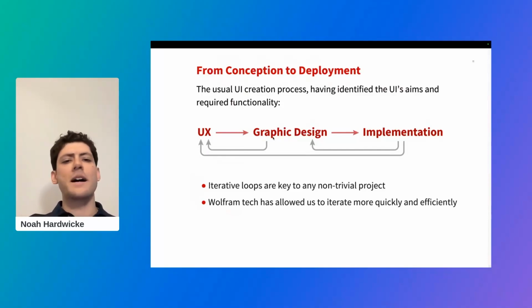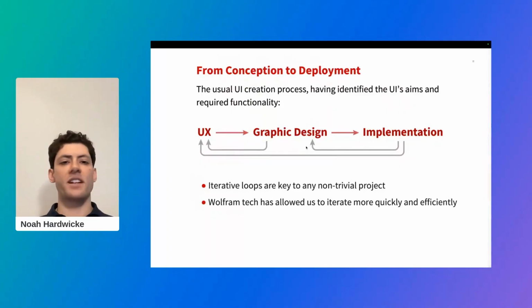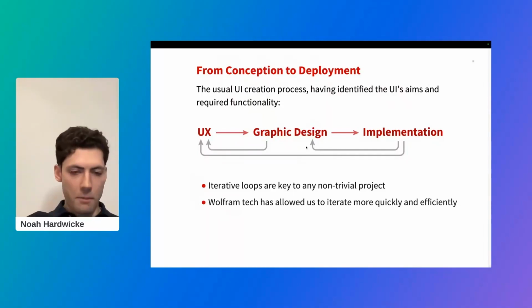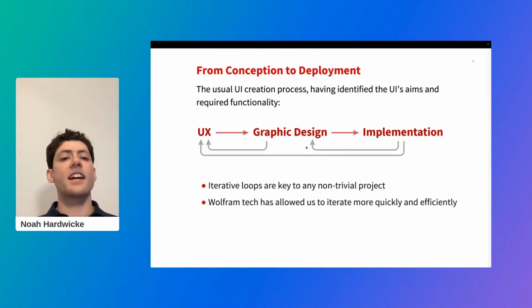And so there are these iterative loops, and especially when the thing goes to the developers, we've planned for it to work in a certain way, but then we're faced with the reality of certain implementation restrictions or difficulties, and so the whole process is formed of these iterative loops of one team going back to a different one. And what we found is that our tech has really helped speed up those iterations.